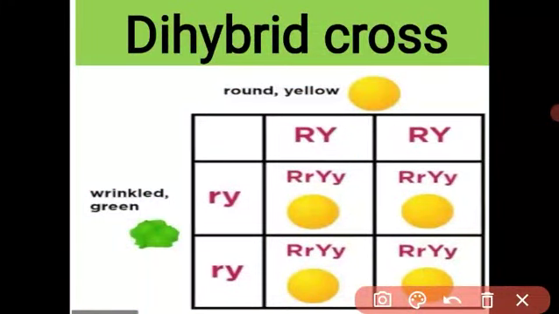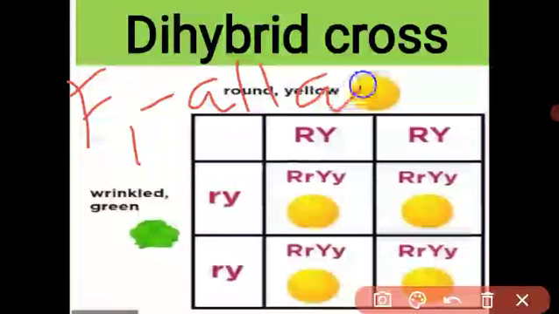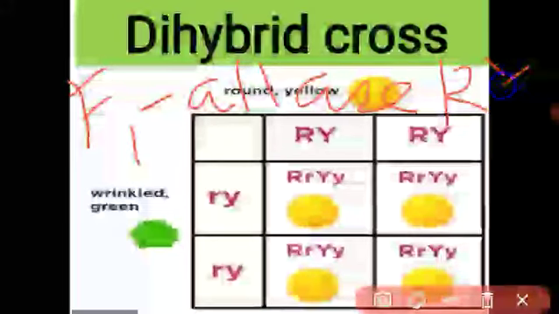What is the result of the F1 generation? All the four offspring are round and yellow. Why? Because each and every offspring has a dominant character, and we have seen the dominant always expresses itself. Means the ratio of the first generation: in the F1 generation all are round and yellow seeds.